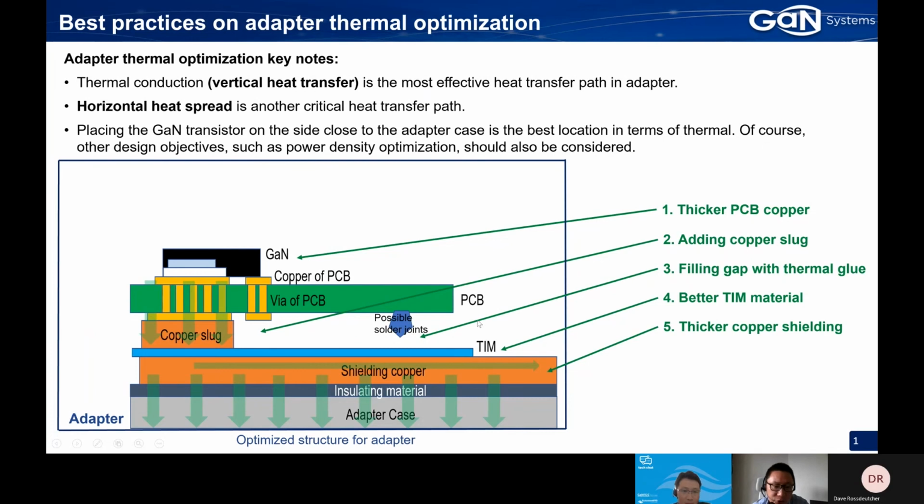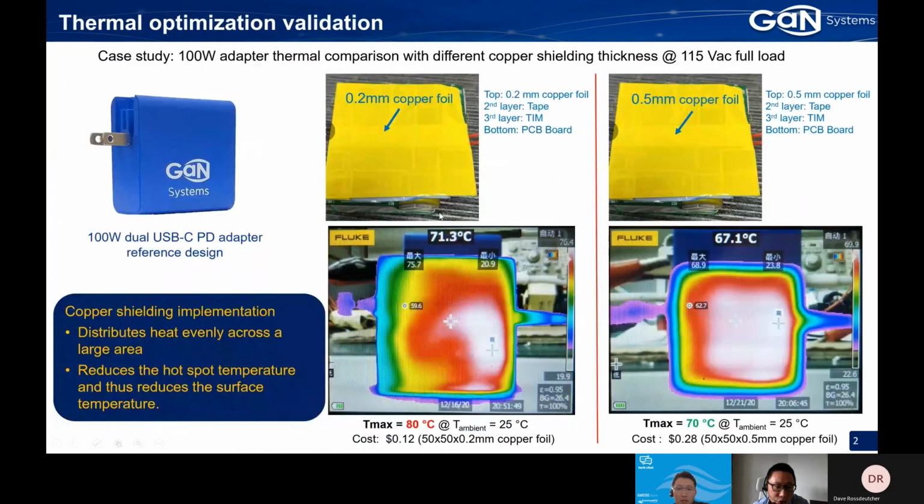So to sum up, to improve the thermal performance in the adapter, we want to have thicker PCB copper, adding copper slug, filling gap with thermal glue, better tin material, and thicker copper shielding. And in fact, the copper shielding is very important in the adapter, not only for the EMI reason, but also for the thermal reason.